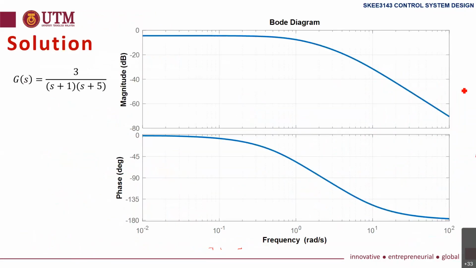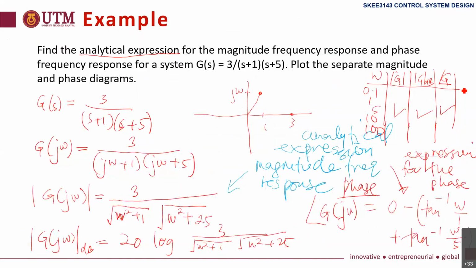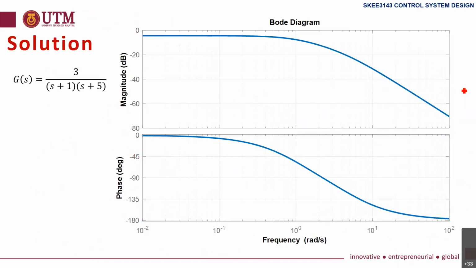And this is the output. I plotted using MATLAB and pasted it here. I will send this to the group so that you can compare the data that you calculated and put in the table. Bode plot can plot here up to 4 decades. You see, this is 1 decade, another decade, another decade, 4 decades.